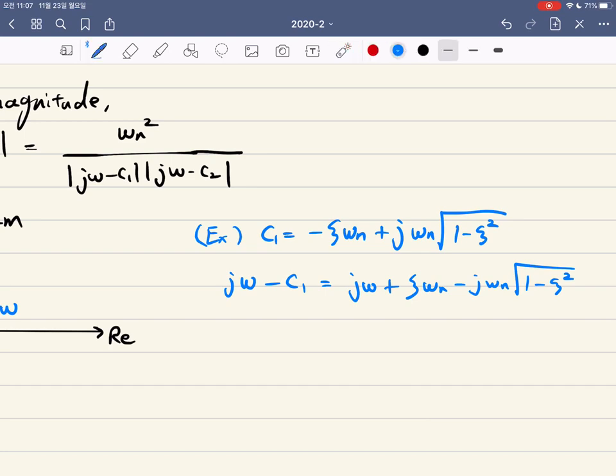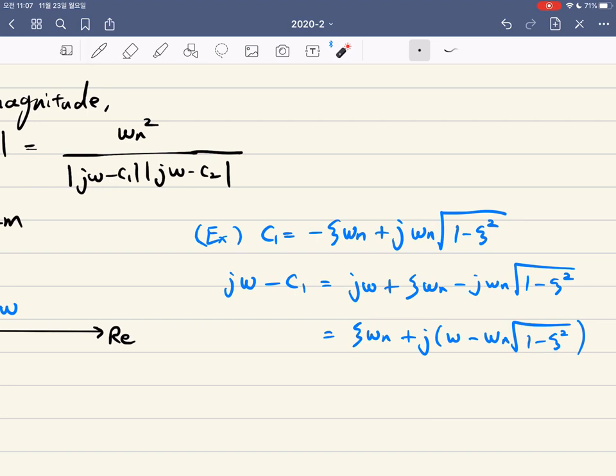This will be zeta omega n as the real part, and the imaginary part will be j times (omega minus omega n times the square root).